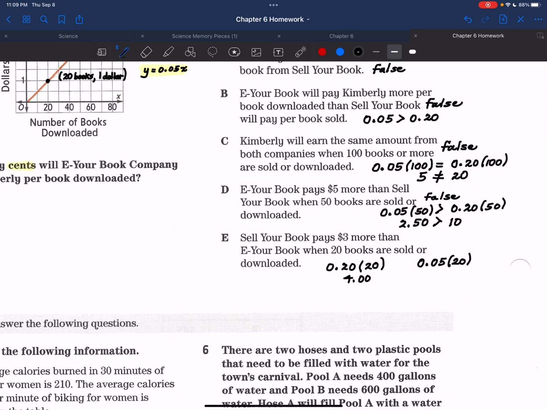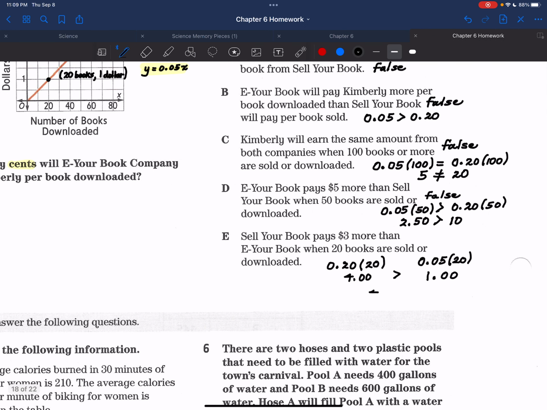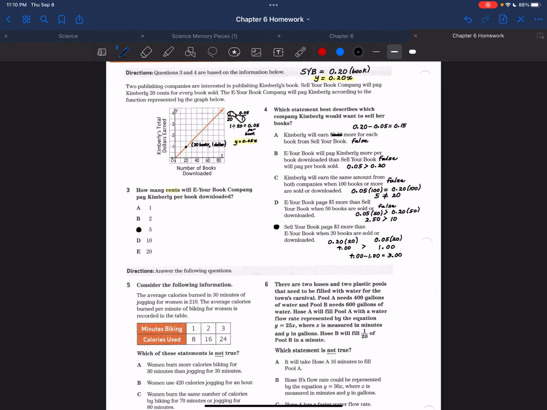Right? Yes. So 4 is greater than 1. The question is, is it $3 greater than 1? And yes, it is. $4 minus $1 is $3. So after all that, I believe E is the answer. But let me check. I don't trust myself now. 3 is C and 4 is E. So we are good to go on those.